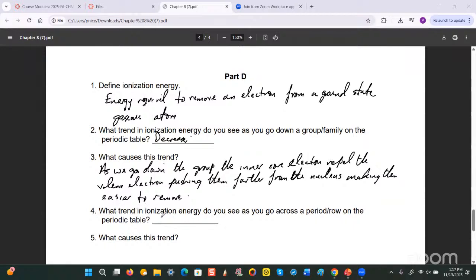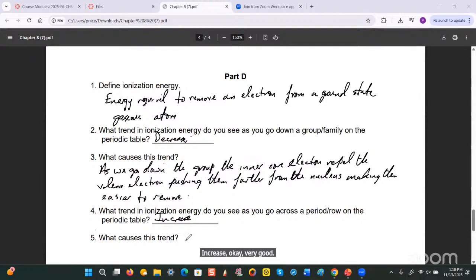Number 4, what trend in ionization energy do you see as you go across a period? Going across a period left to right, what do we observe in terms of the first ionization energy? Does it increase or decrease? Increase, okay, very good.